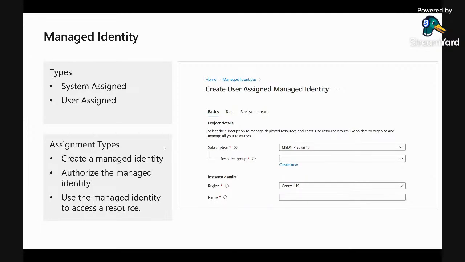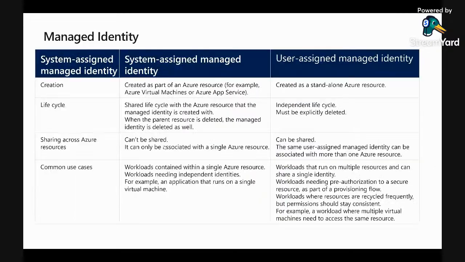However, with user assigned, you have the flexibility of defining what service will be using it, what resources they will be accessing, what the permission is, and you're able to use it for several services. With system assigned, the life cycle is managed by Azure.